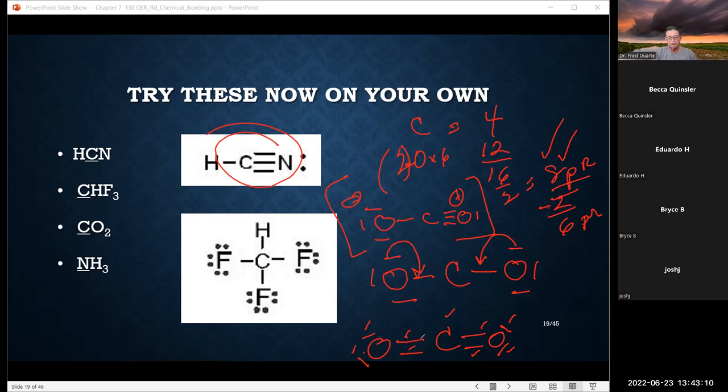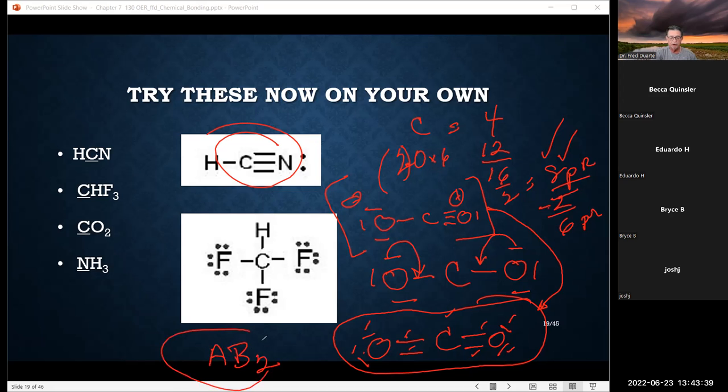But I would try to make it so we end up with this structure right here, like this, okay? Because eventually what this is temporarily, this will move into this because this structure is a lot more stable, okay? All right, so with that, we have the general formula of AB2, okay?